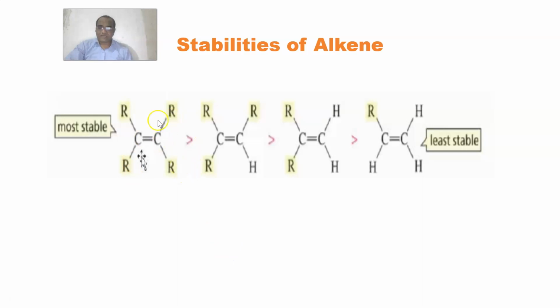From the stabilities of alkenes, the tetra substituted alkene is the most stable, as indicated by the sign. After that tri substituted is less stable than tetra substituted, and after that di substituted, and after that mono substituted, which is one of the least stable. So you can understand the stabilities of alkenes, and it is correlated with Saytzeff's rule: the more substituted alkene will be the major product formed, right?